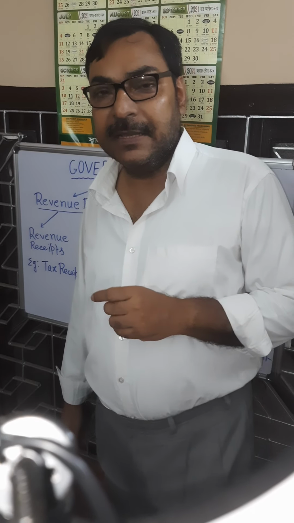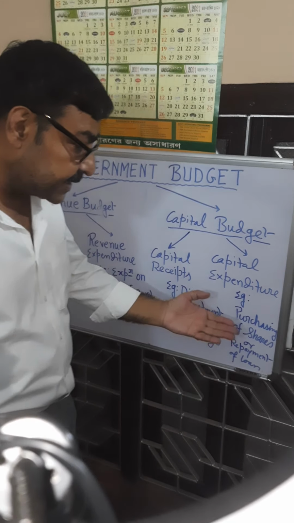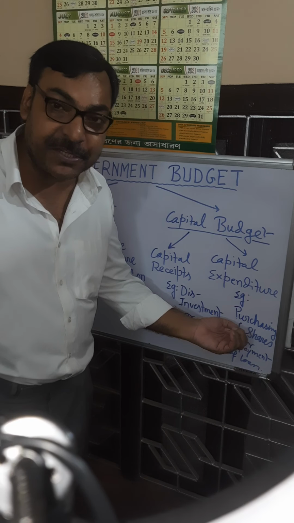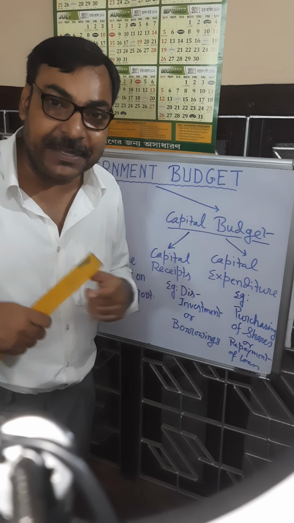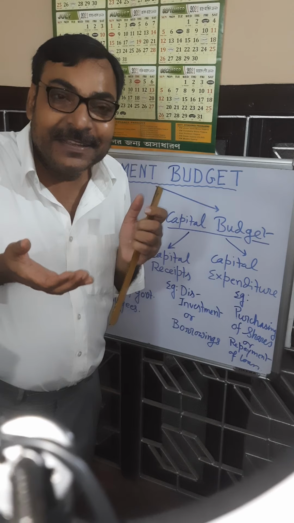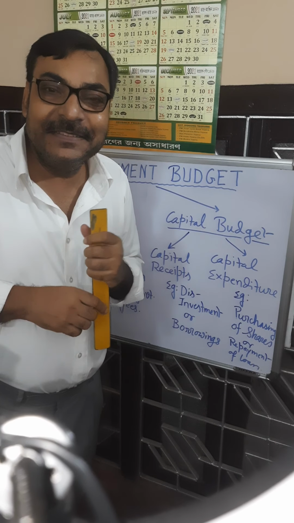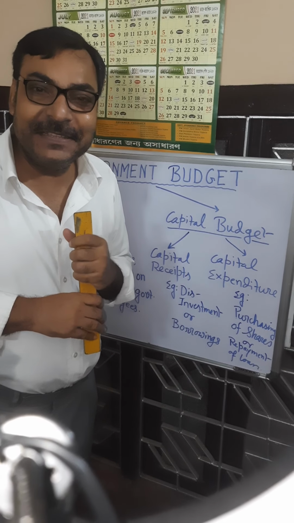This expenditure is not affecting the asset liability condition of the government. But consider this expenditure, purchasing of shares. Government is spending money to purchase shares of different companies. So when the government is purchasing shares, its assets are increasing. It is such an expenditure for which assets are increasing.